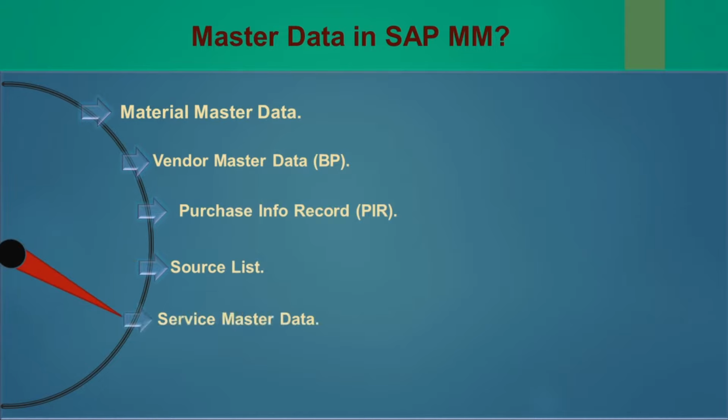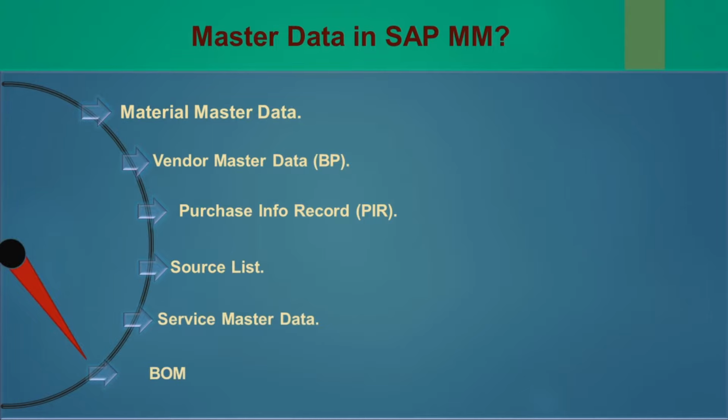The next one is service master data. We use service master data when we want to utilize some services, let's say maintenance services or electricity maintenance or plant maintenance services or cleaning services, any kind of services that we use, or even canteen services or bus services. And last one is BOM.